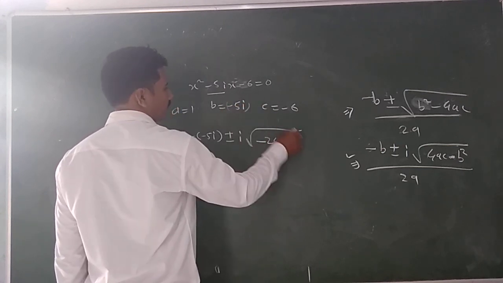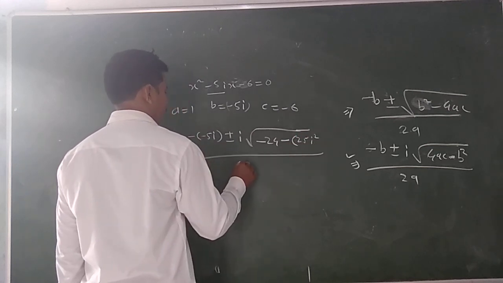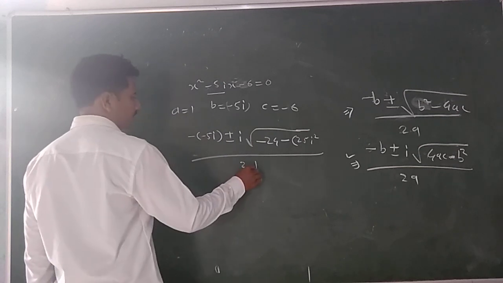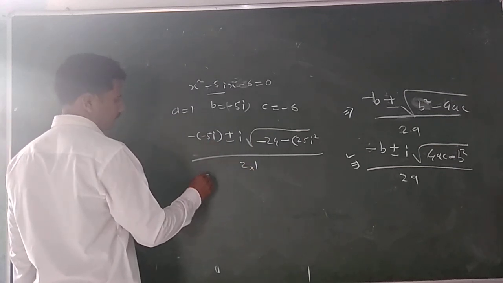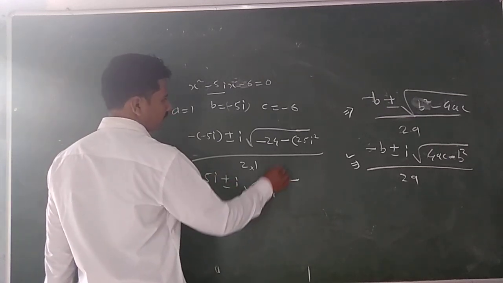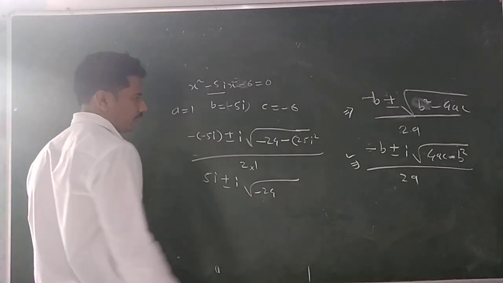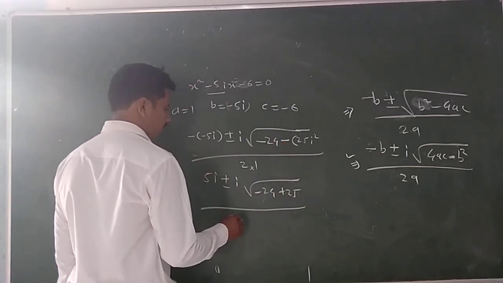This square is 25 i square. Okay, divide by 2 into a, a is 1. Okay, so minus plus 5i plus minus i under root minus 24, i square is minus 1, minus 1 into minus plus 25, divided by 2.